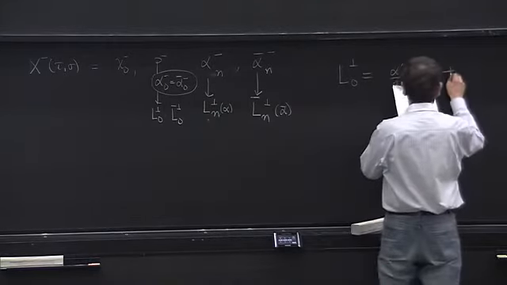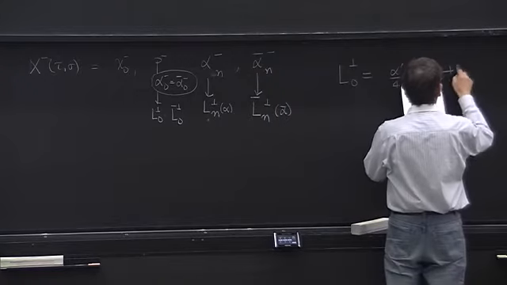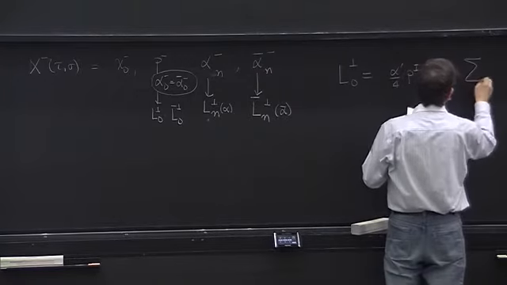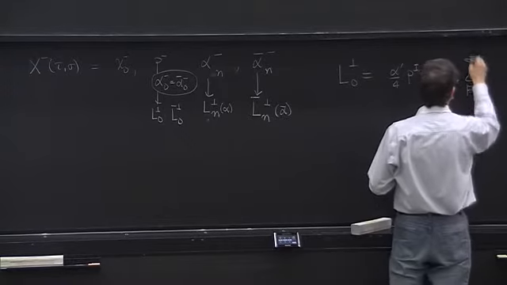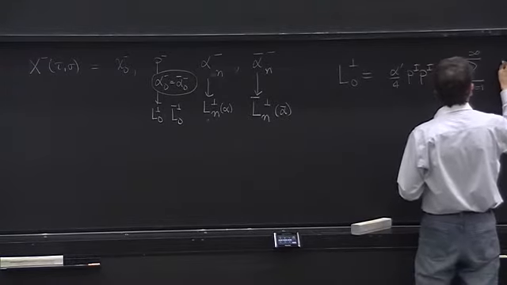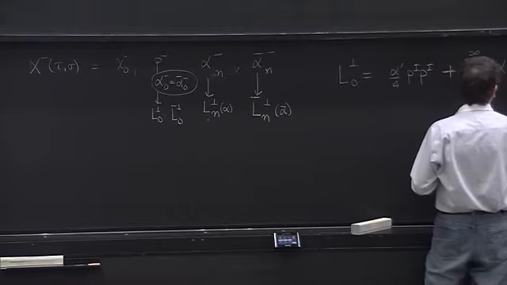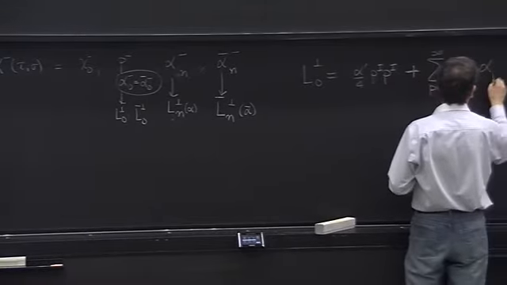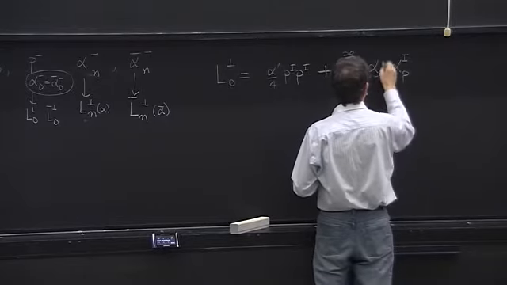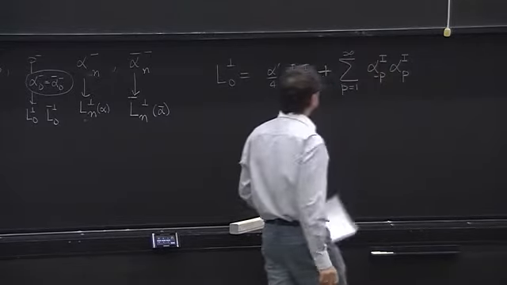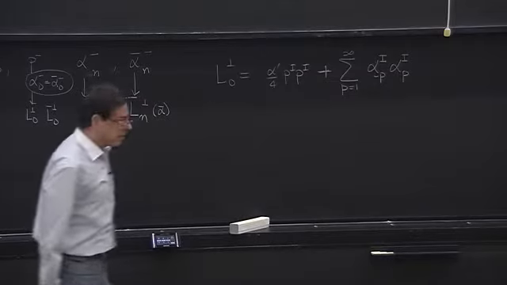But then we had plus this sum over p, say 1 to infinity, of alpha minus p, i, alpha p, i, the creation and annihilation operators. That was L0 perp.